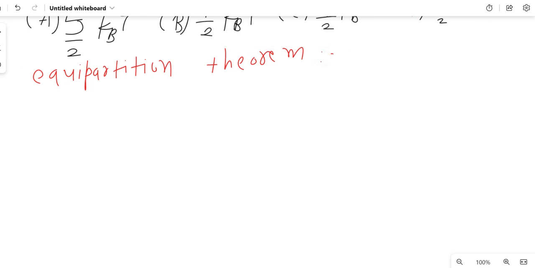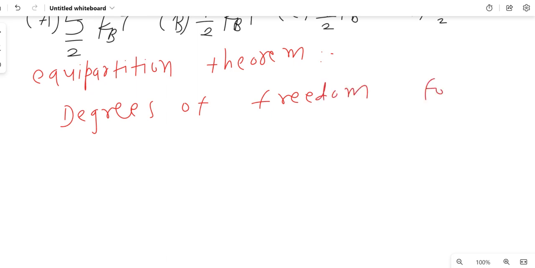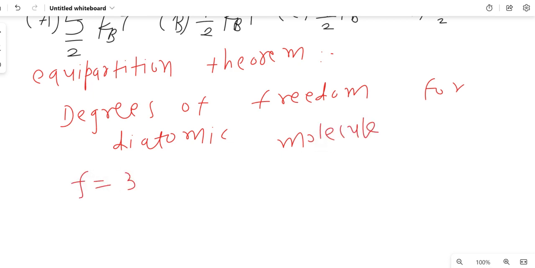So the degrees of freedom for a diatomic molecule is 3 at low temperature.